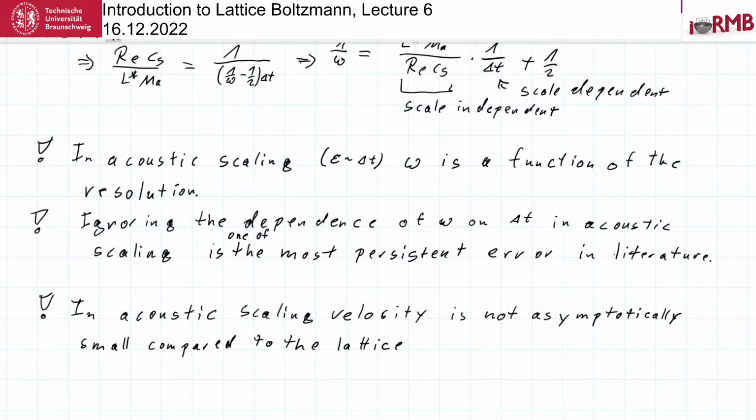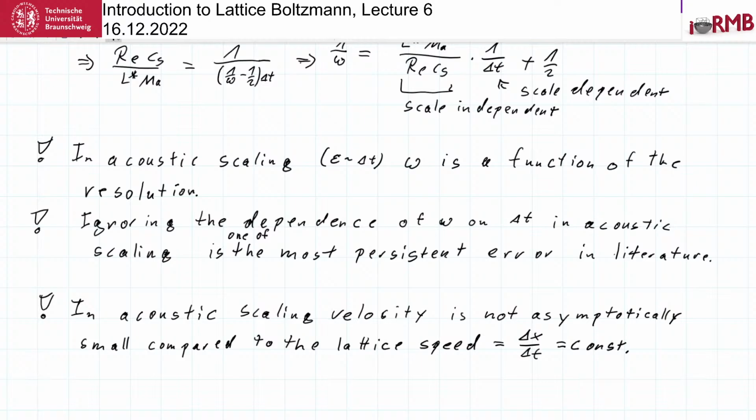Also to the speed of sound, because they would be proportional to the lattice speed. The lattice speed is equal to delta x by delta t. And this is constant. So what does asymptotically small actually mean?